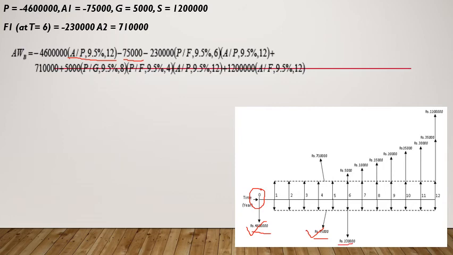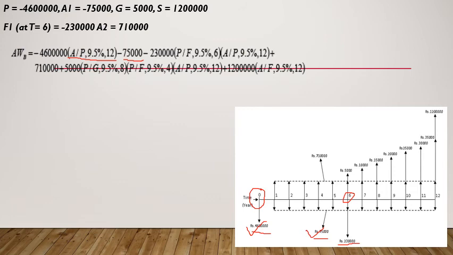2,30,000. What is that? Major repair at t is equal to 6. Where is it occurring? It is in between the ends. So since it is in between the ends, we have been discussing that it cannot be converted into its A straight away.